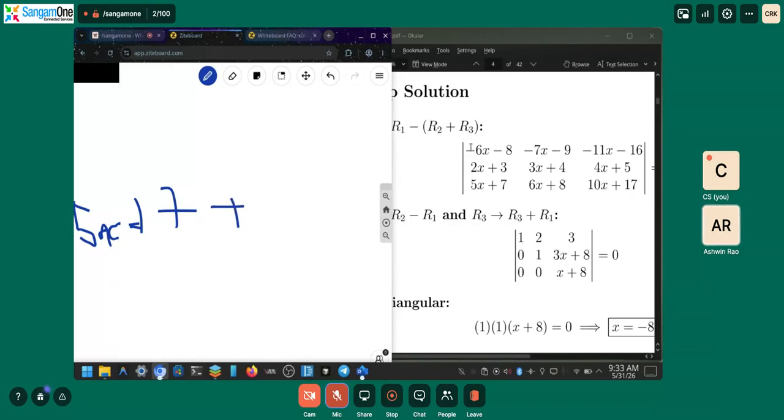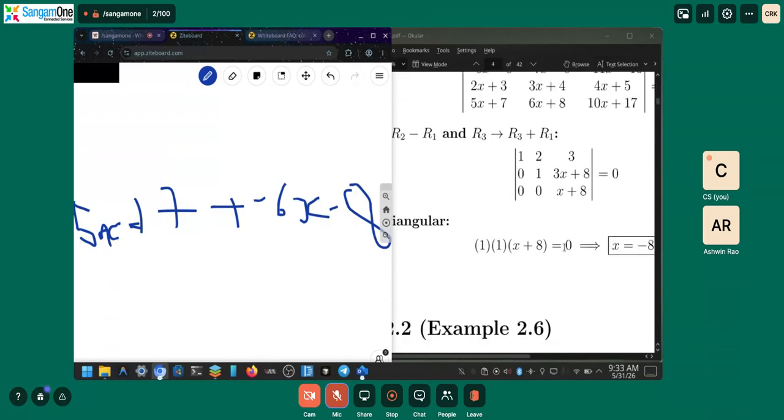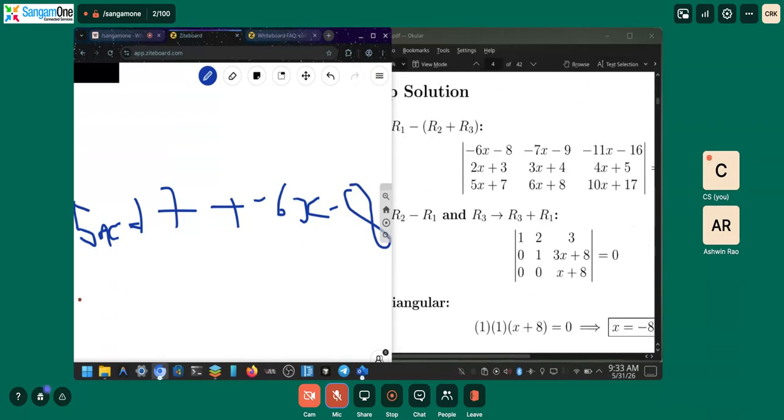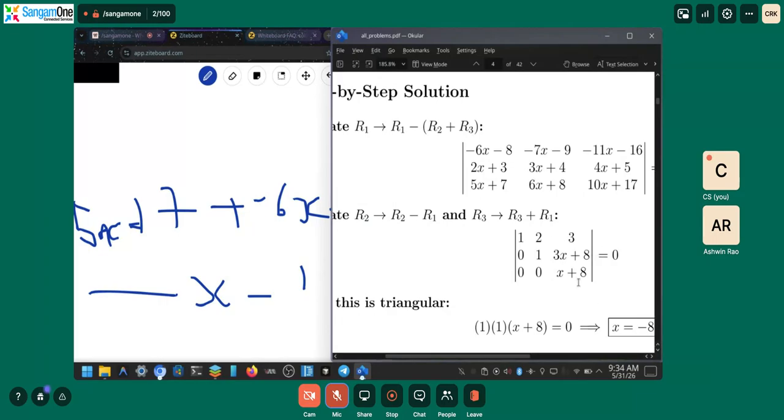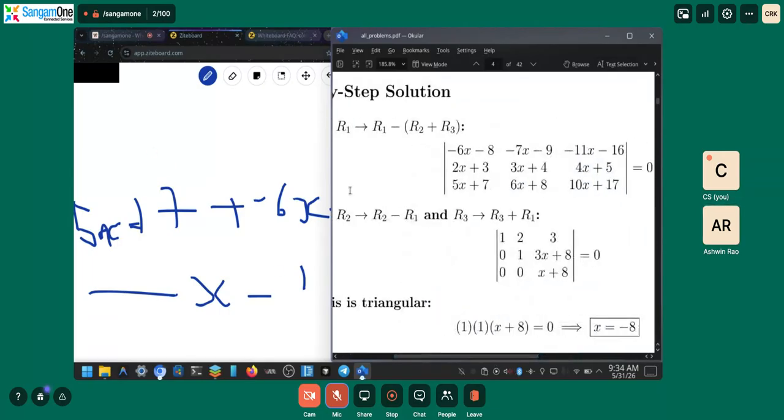This transposes, minus is minus 6x minus 8, corresponds to minus x minus 1. Moving on, we have to do this and all. As you can see here, this is why we applied this property. This is the lower triangular matrix from these operations.